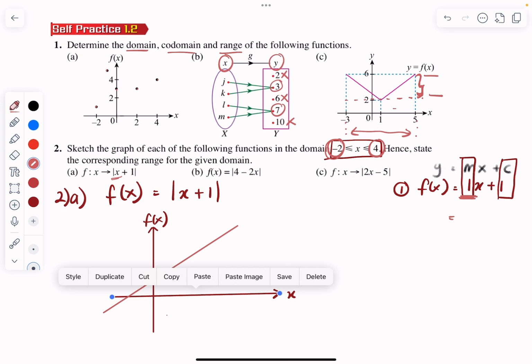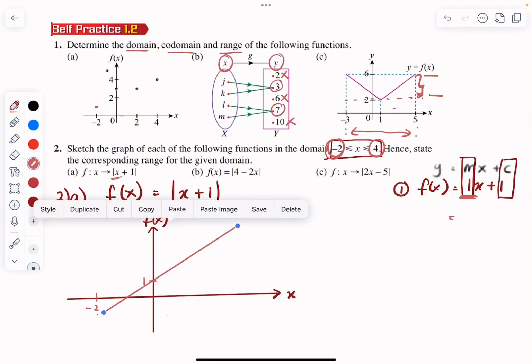Let's extend this line. So when x value is -2, your y value here is -1.